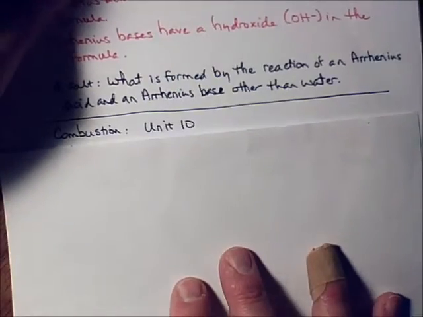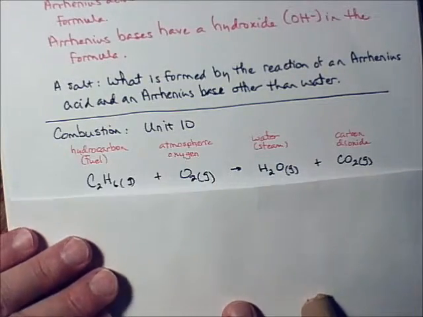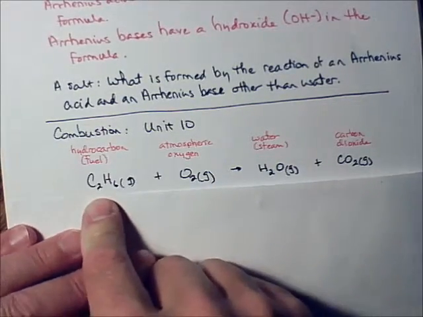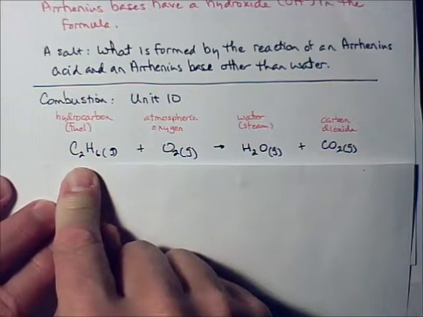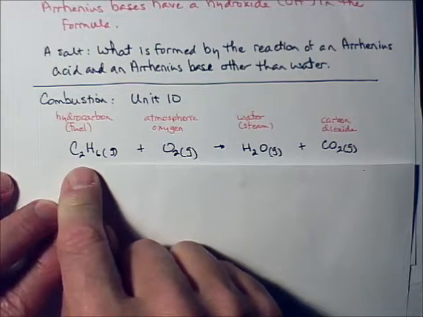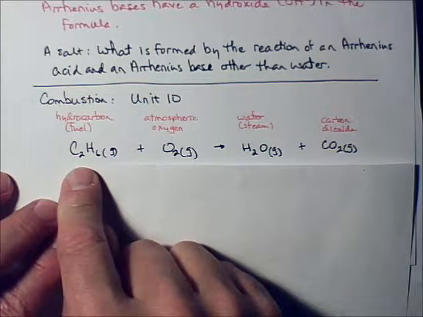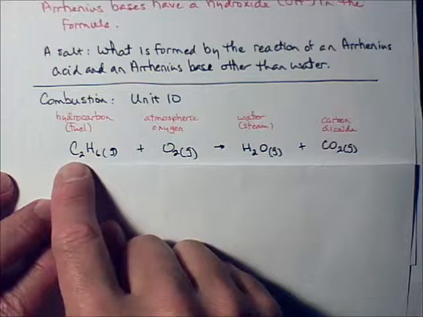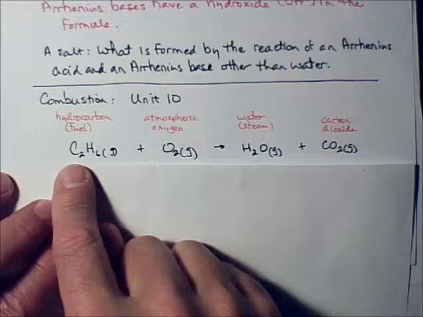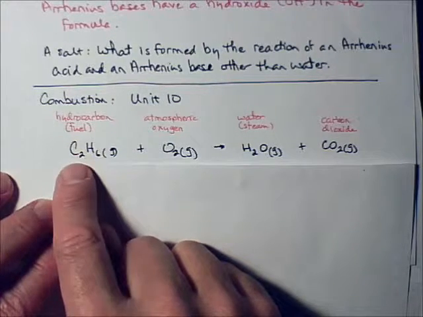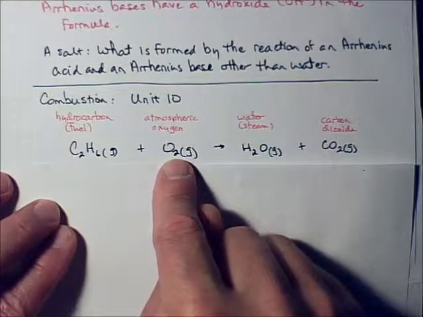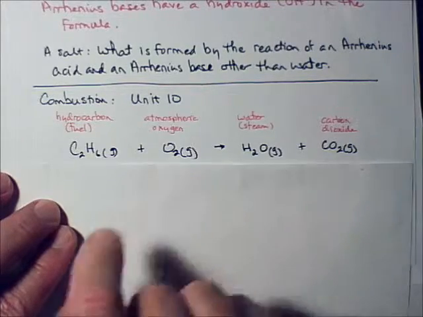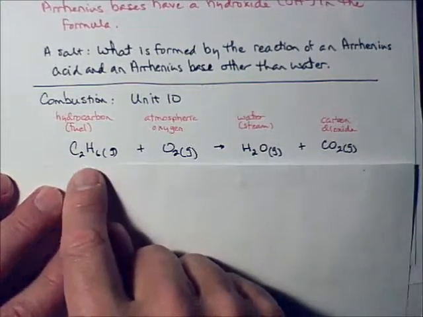Okay? A combustion reaction starts with a hydrocarbon fuel. This just happens to be one kind of hydrocarbon fuel. Any compound that is made of only hydrogens and carbons is a hydrocarbon. It's a fuel because we're reacting with oxygen. Okay?